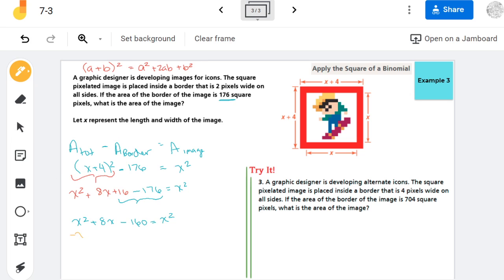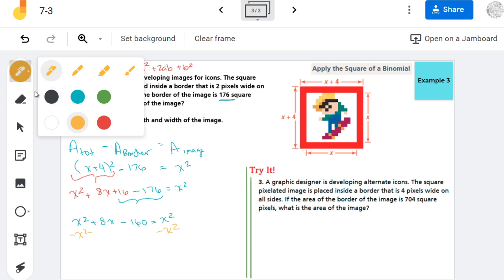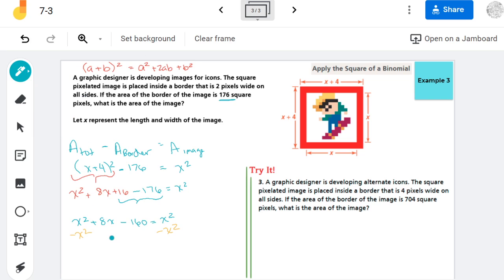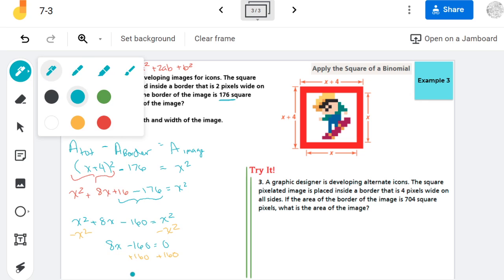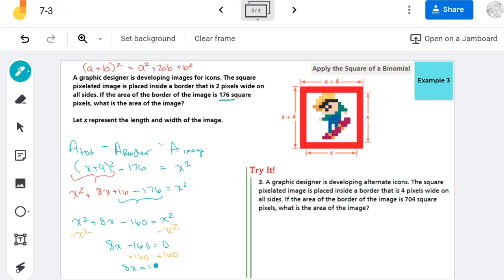So I'm going to subtract x squared from each side. What's nice is I only have an x squared on this side, so the x squared gets eliminated. Then I want to add 160 to each side. So I get that 8x equals 160.